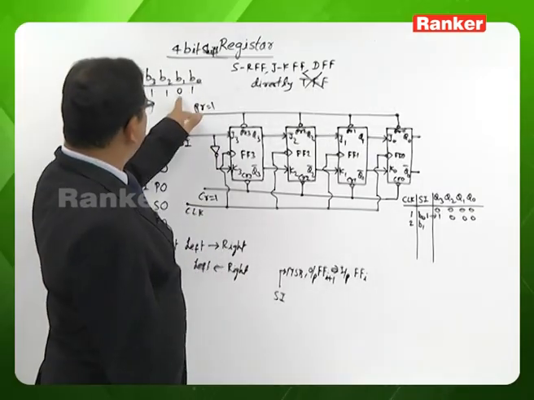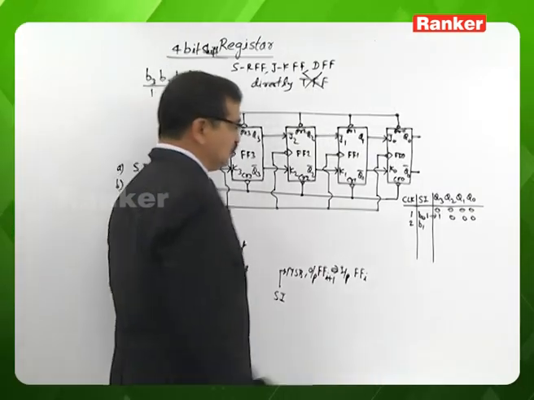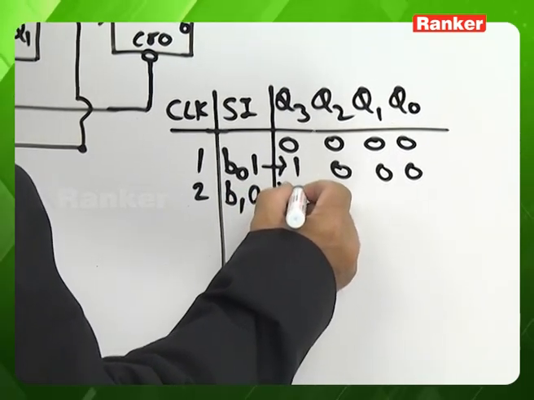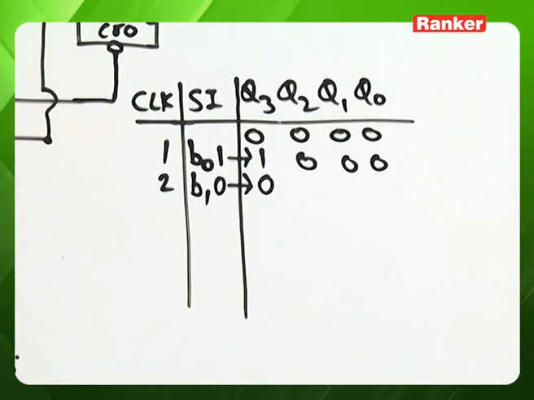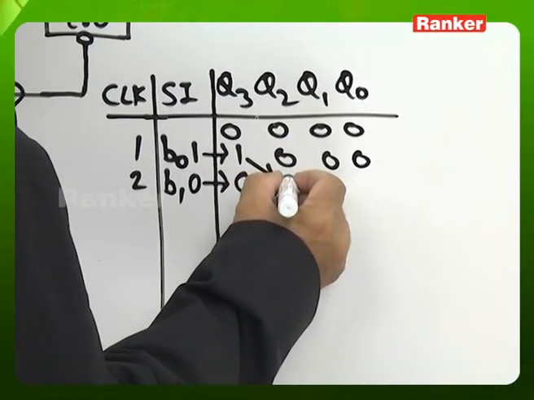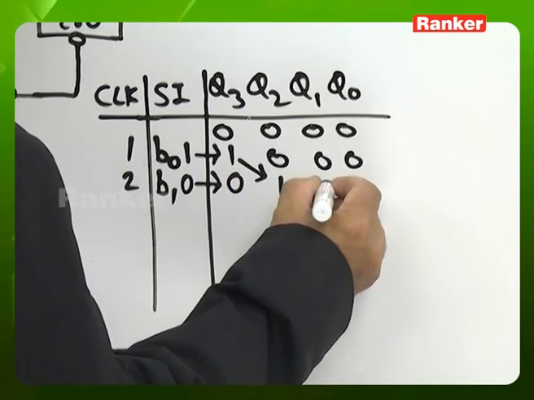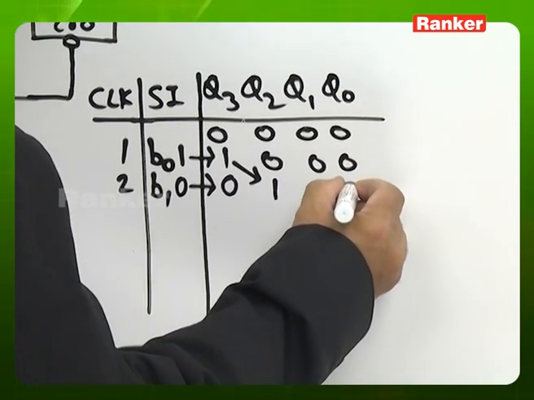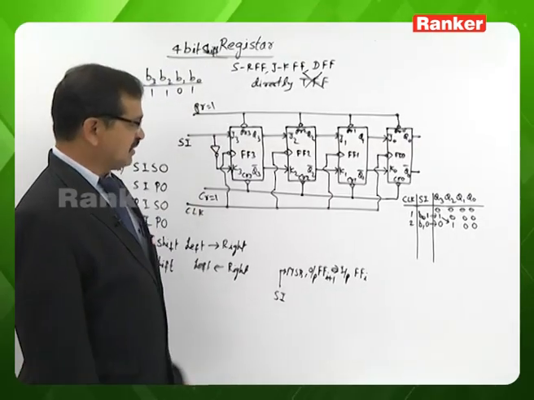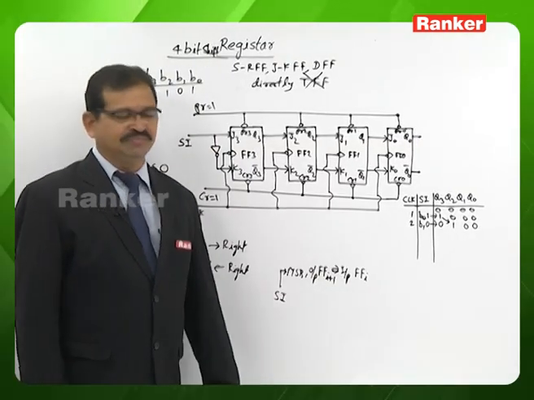As per our sample number, the B1 bit is 0. While applying the clock signal, B1 comes to flip-flop 3, flip-flop 3 bit is transferred to flip-flop 2, flip-flop 2 bit to flip-flop 1, and flip-flop 1 bit to flip-flop 0. So it is the content of the register after the second clock pulse.